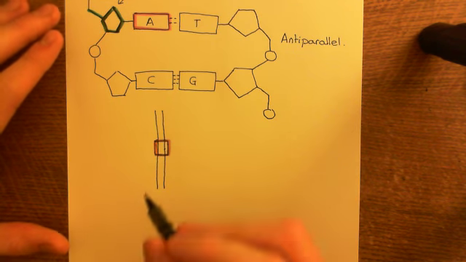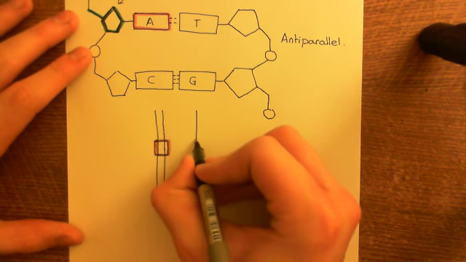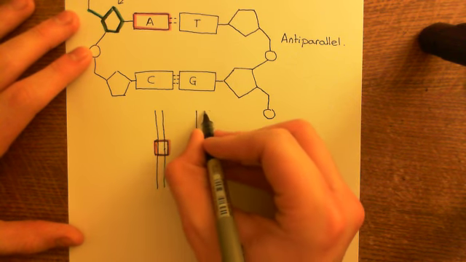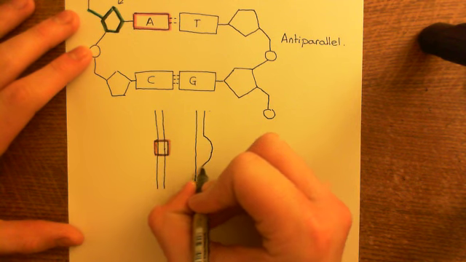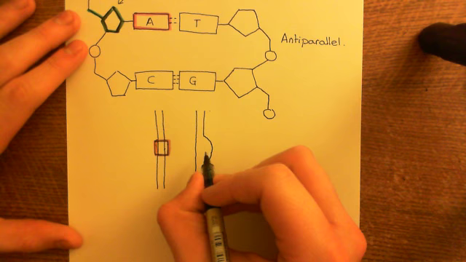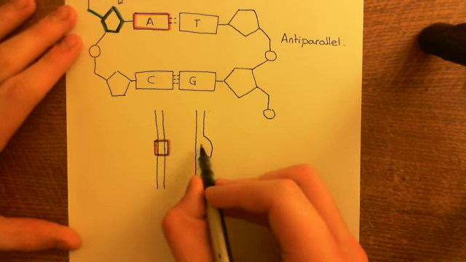And then what you're going to do is you're going to produce a piece of mRNA from this gene. So here's our chromosome again. So what you're going to do is basically you're going to open up the DNA here, and you're going to synthesize a piece of mRNA, which is going to be complementary to one of these strands, okay?